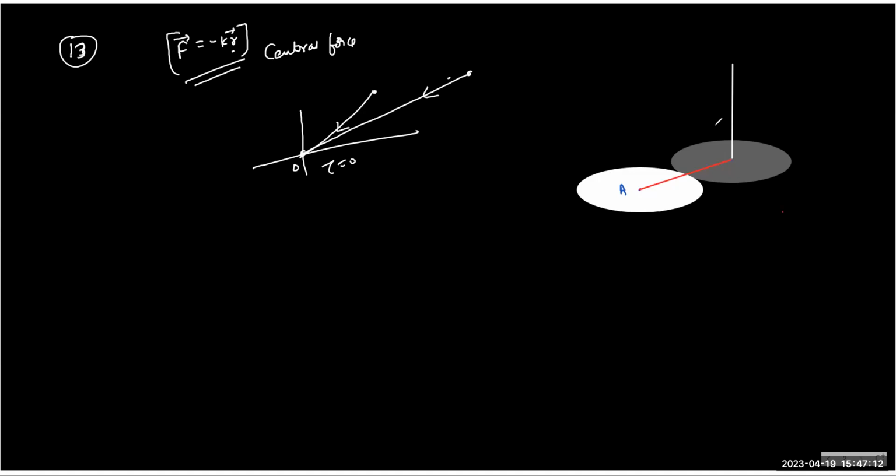The center of mass of disk B has a fixed angular velocity omega about a vertical axis. So about this axis, the disk B will have omega.